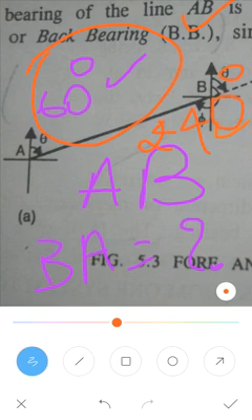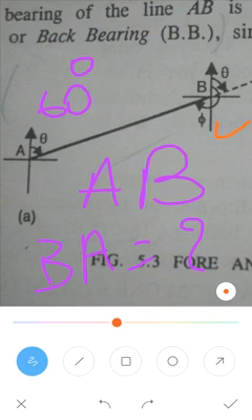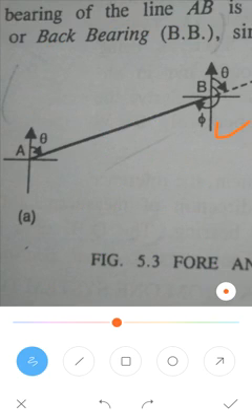Like that the back bearing will be determined. Now the same way: I don't know the bearing of AB, but I know the bearing of BA.